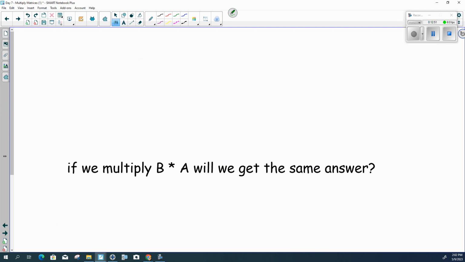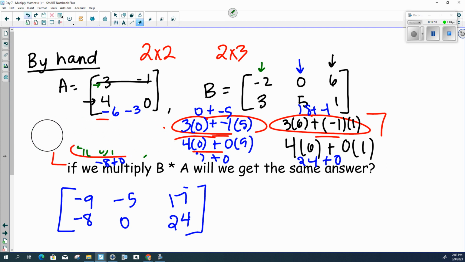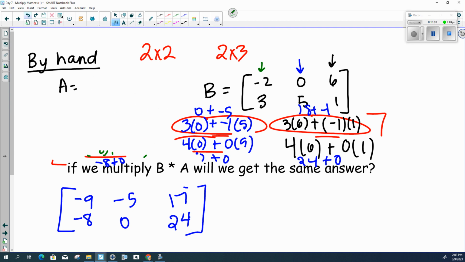What the heck? Why isn't it letting me do this? All right, I don't know. Write down 3, -1, 4, 0. Was it like that? I guess it doesn't matter. It'll be our own problem.